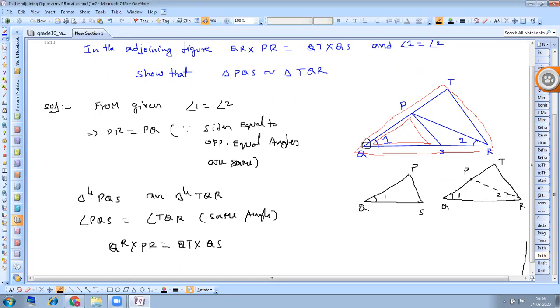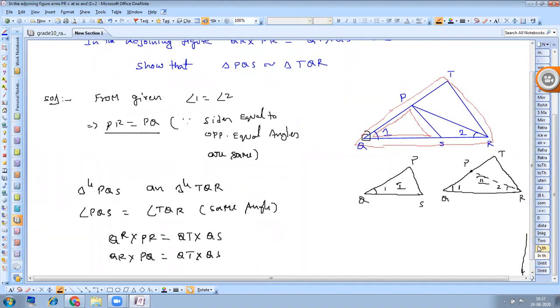So from here I can replace PR with PQ. I am replacing the same thing. QR into PQ will be equal to QT into PS. So completely I got the relations between triangle 1 and triangle 2, where I have to prove both are similar.